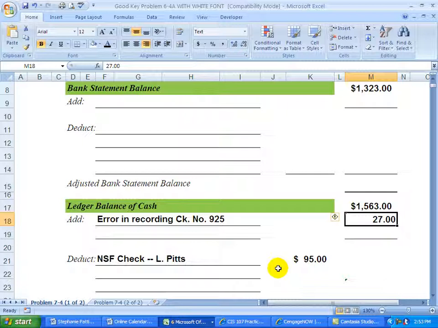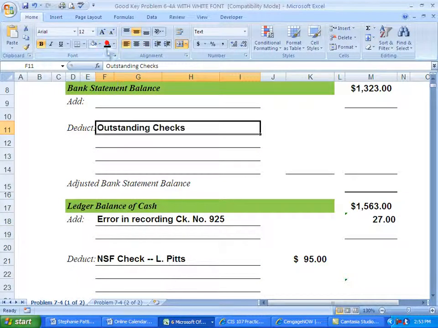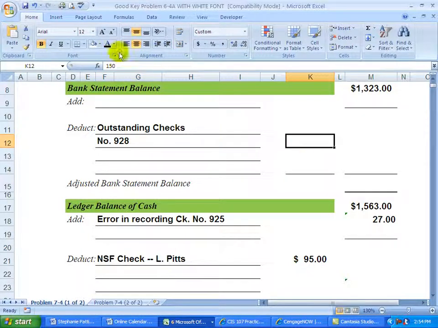Okay, we also have some outstanding checks. So we have outstanding checks, number 1928, and that's for $150. And we also have another check, and this one is for $292.